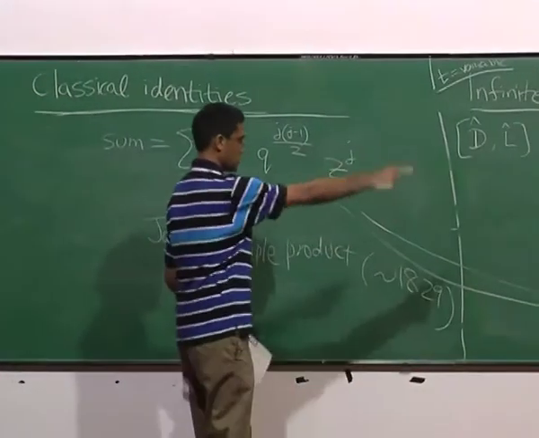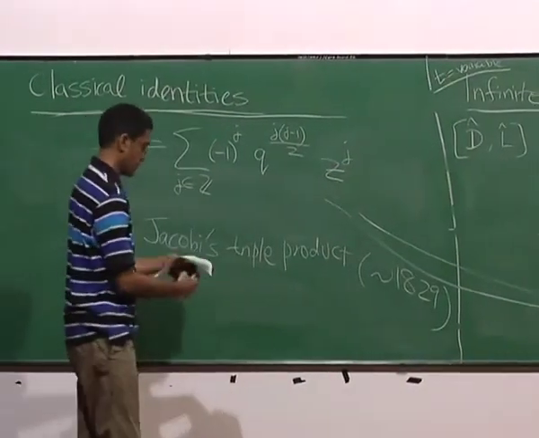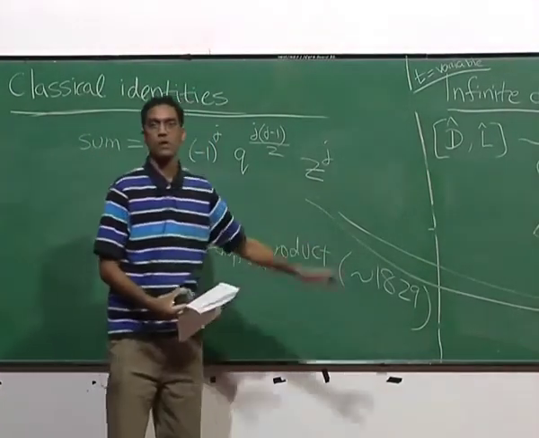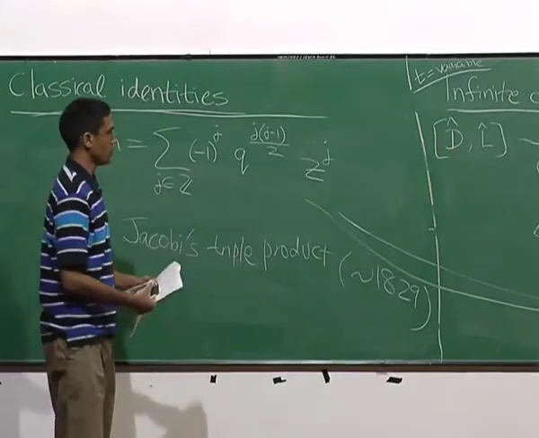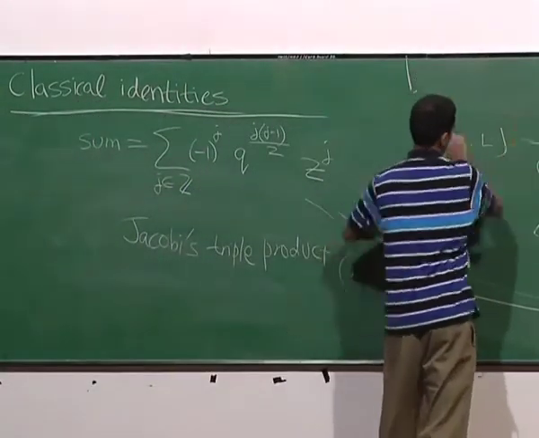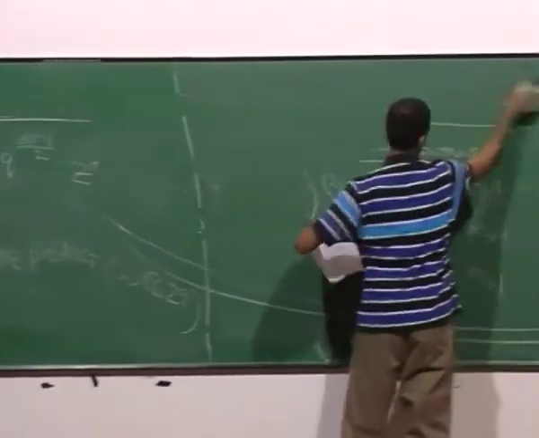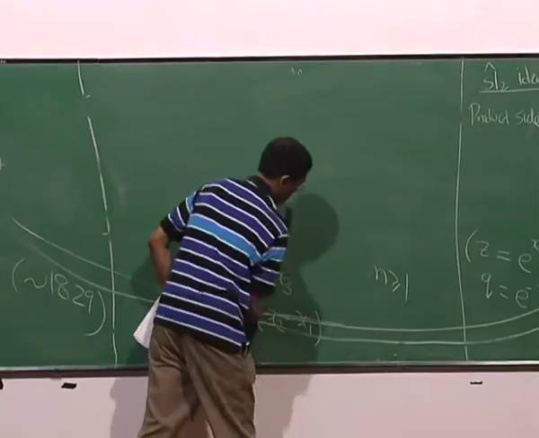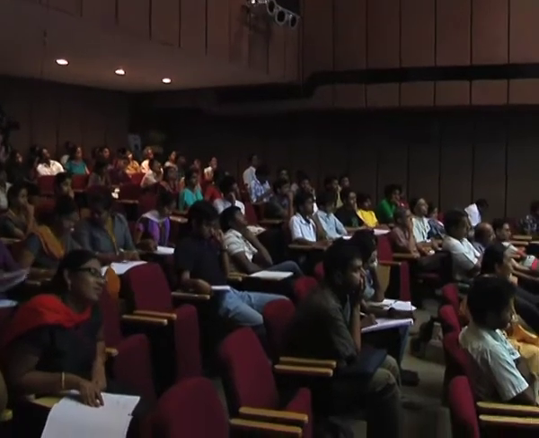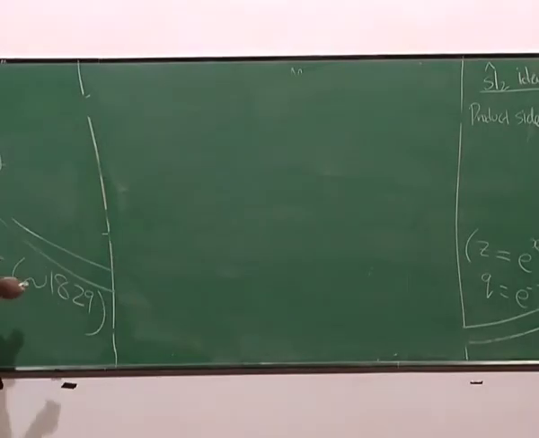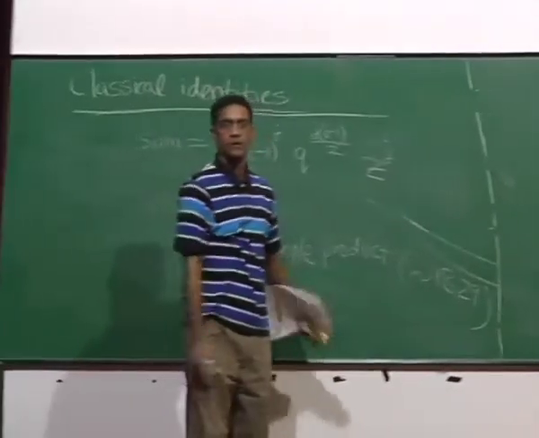This is the triple product identity, and in fact this was used by Jacobi in his work on theta functions and so on. Again, there's one more name I want to mention, Euler. Using this triple product identity, as soon as you have an identity that product equals this sum, you can play with it.